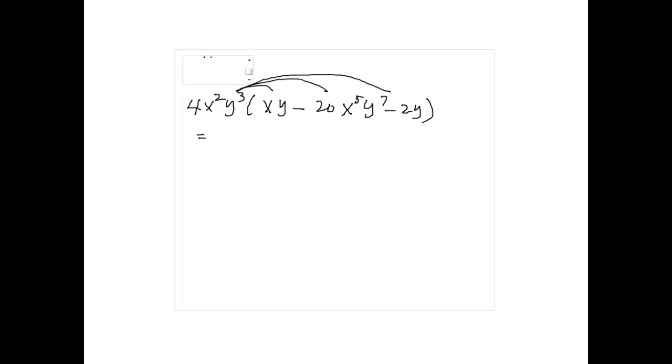Multiply 4x squared y cubed times xy minus 20x to the fifth y to the seventh minus 2y. So we distribute the 4x squared y cubed to each term.